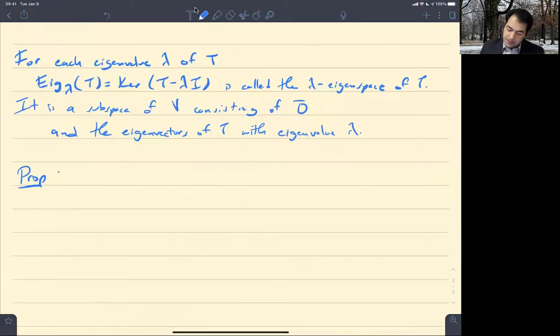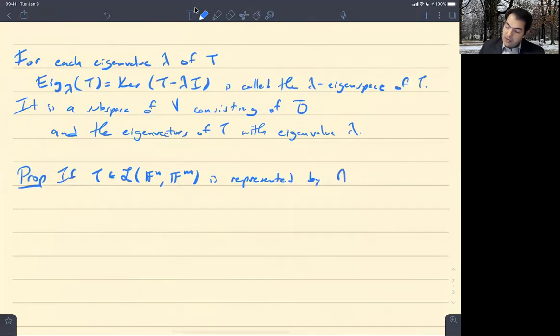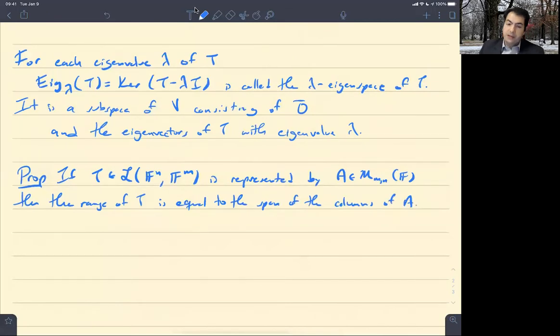So proposition: if T is a linear map from Fn to Fm, and it is represented by the matrix A, so an m by n matrix, then the range of T is equal to the span of the columns of A.